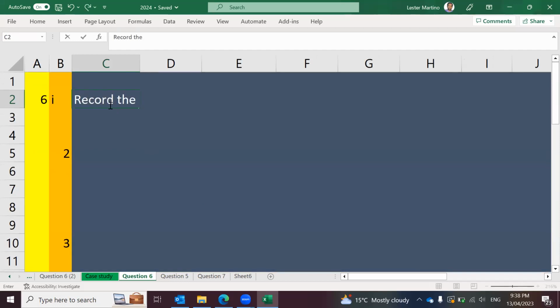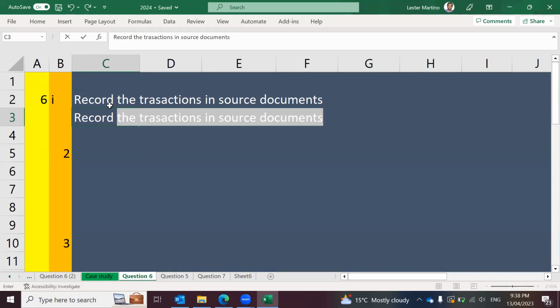Record the transactions in source documents. Record transactions in prime entry books.